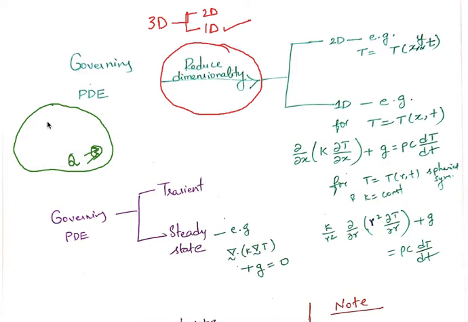Now if the thickness of the plate is small, then what can I assume about the temperature distribution? It does not vary along the thickness. So if the thickness of the plate is small, then I can assume that my temperature is going to depend only on x and y, and it will not depend on z, okay. So this is one situation where I can reduce my problem to a 2D problem. So temperature is only a function of x and y and time.